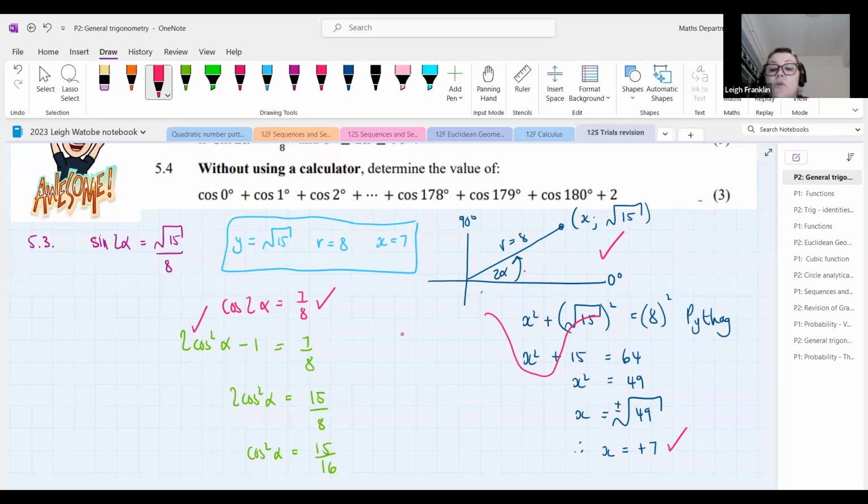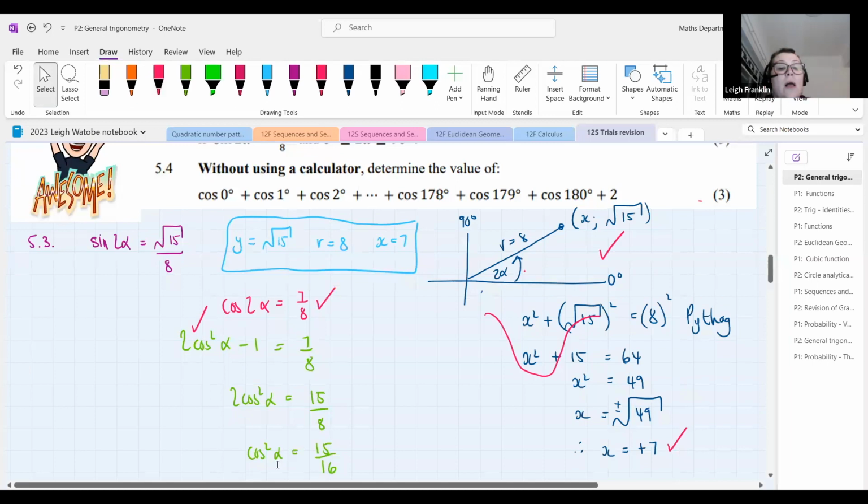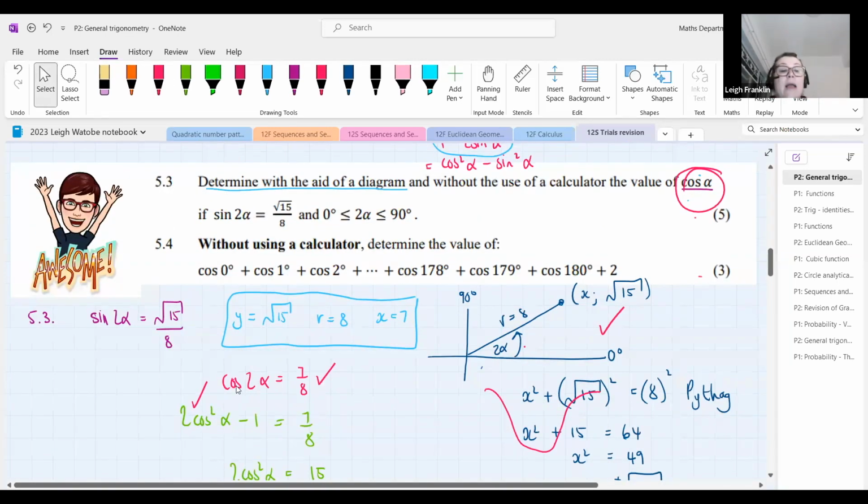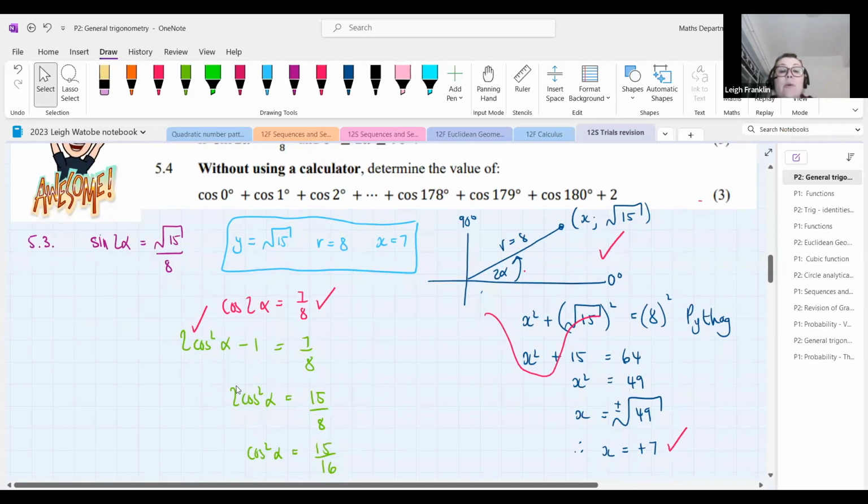How many marks have we got? 1, 2, 3, 4. And I suppose at matric level, they're not going to give us any marks for simplifying. They would then give us a mark on the answer like so. Now let's go and have a look at the next question.